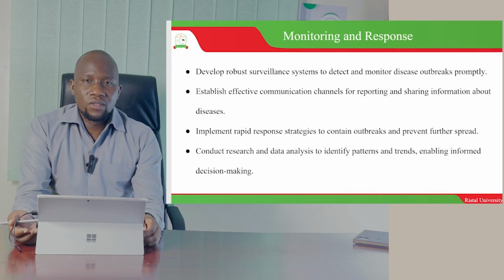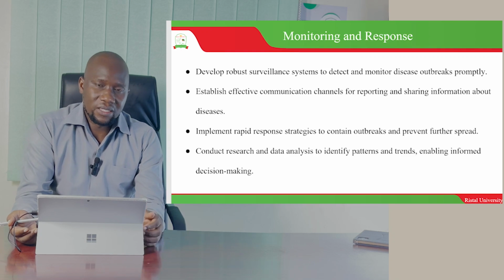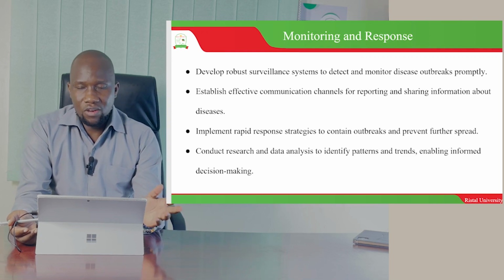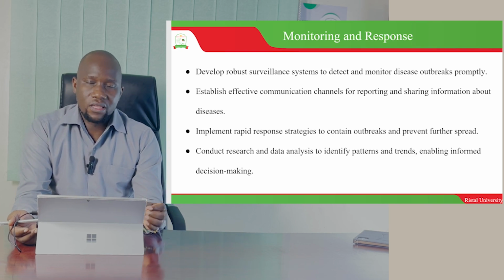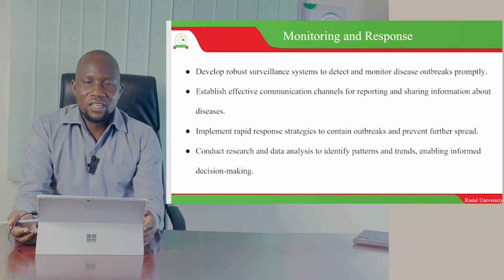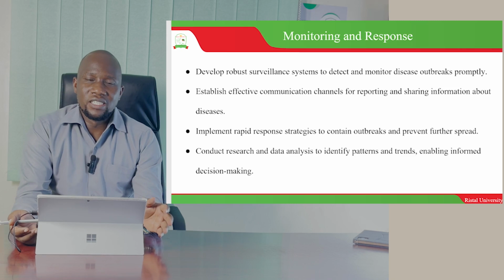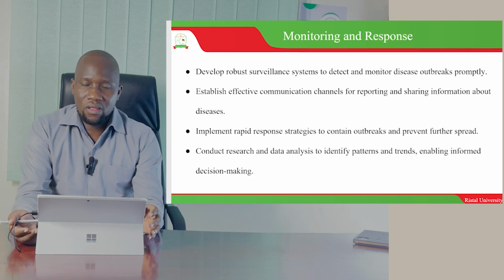And then, of course, for you to address these problems appropriately, you need to have continuous measures. For example, in epidemiology, we are concerned with surveillance, epidemiological surveillance, getting to know what diseases are happening in particular populations, and then telling people about these diseases and how they can control them.